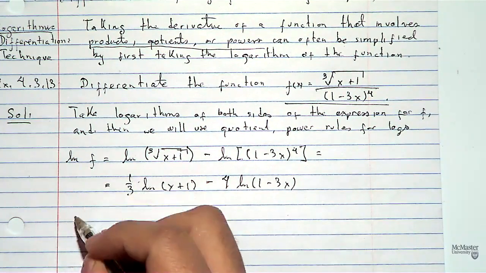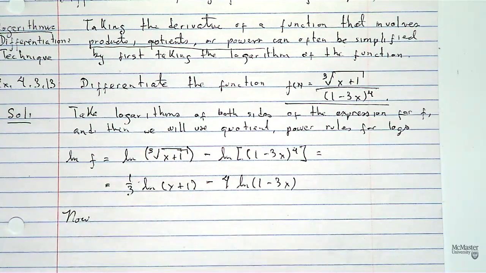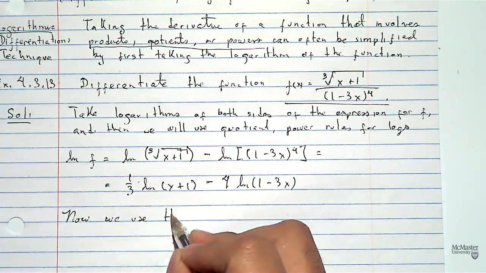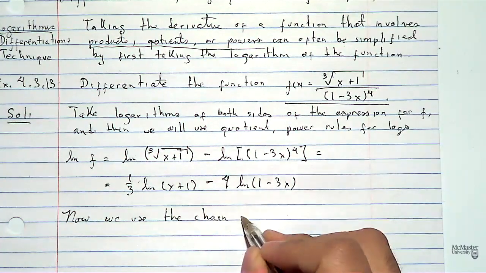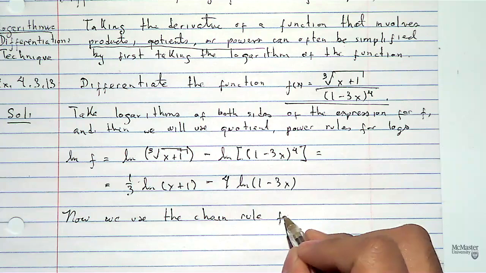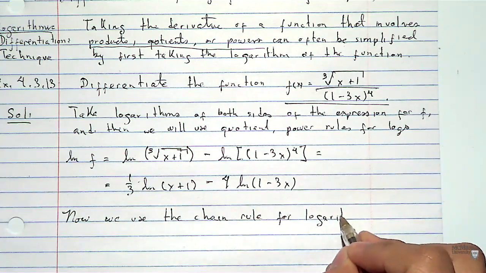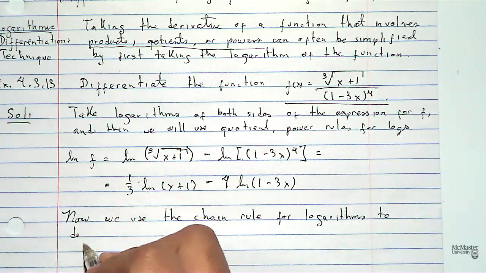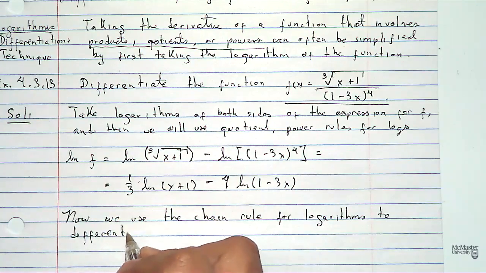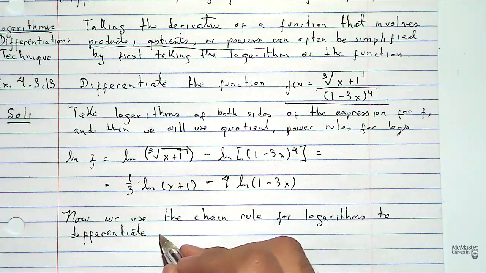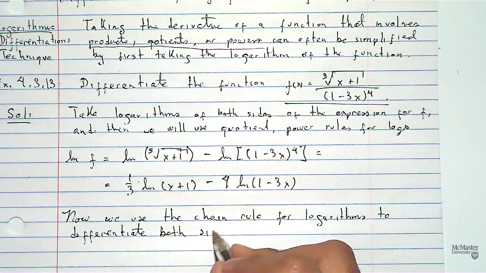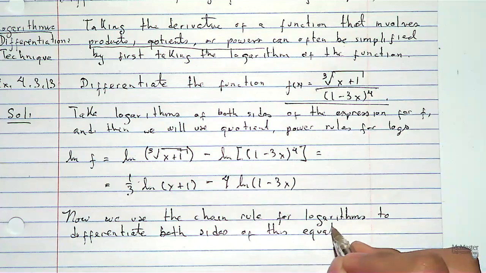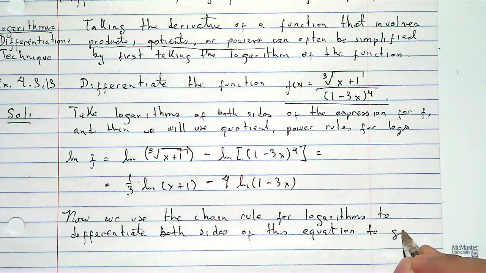So now we use the chain rule for logarithms to differentiate both sides of this equation. And then we get the following.